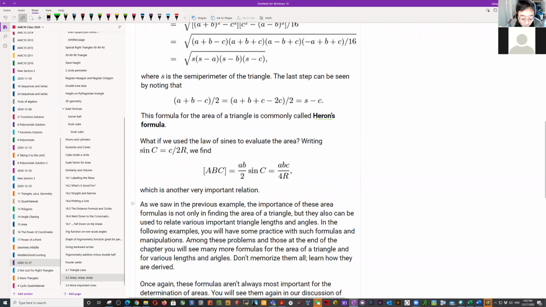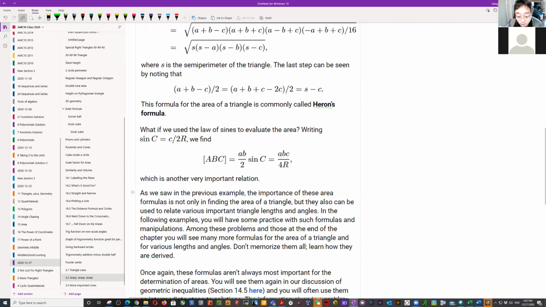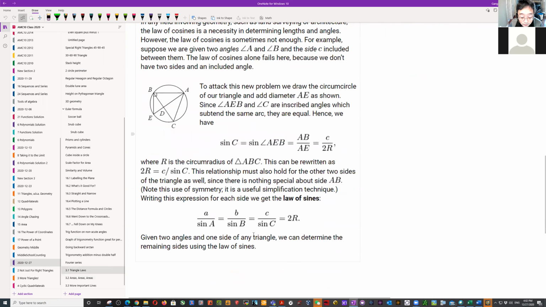And so we have two laws, the law of sines and the law of cosines. The law of cosines produces Heron's theorem. If we use the law of sines, then the area of ABC equals AB multiplied by sine C. And by the law of sines, sine C is the ratio between side c and 2R, where R is the circumcircle radius.